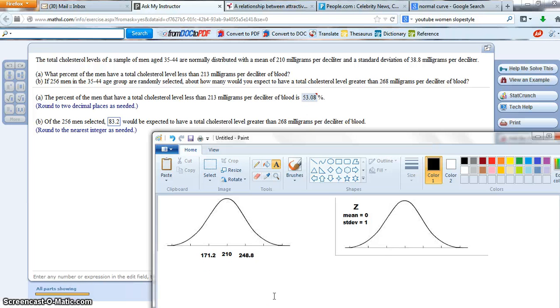So we've got something that looks kind of like this. Okay, and what we want to know is what percentage are below 213. So the portion that I'm interested in here is going to be this part going from 213 and down below.